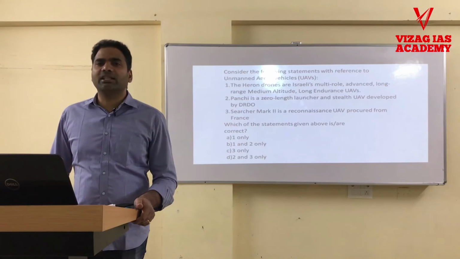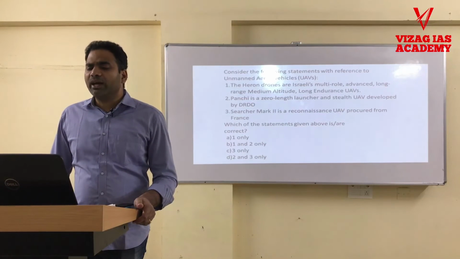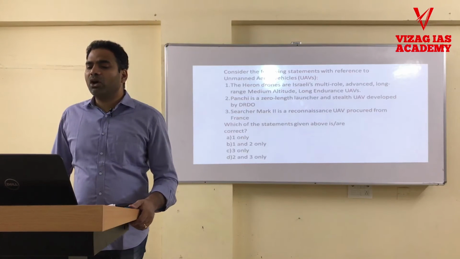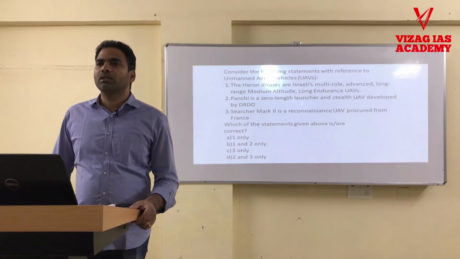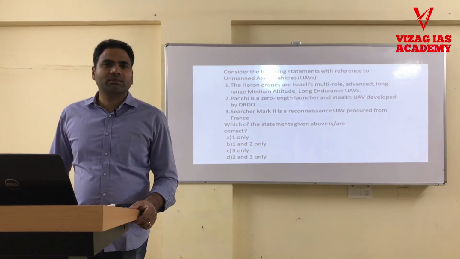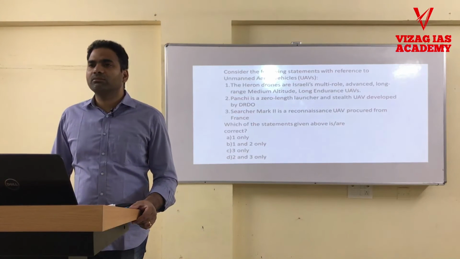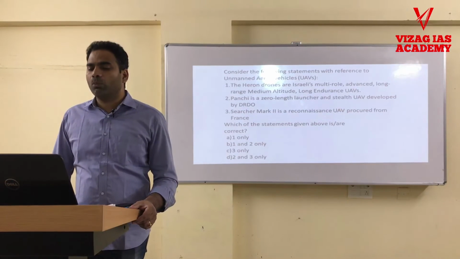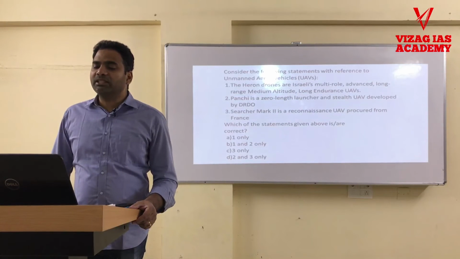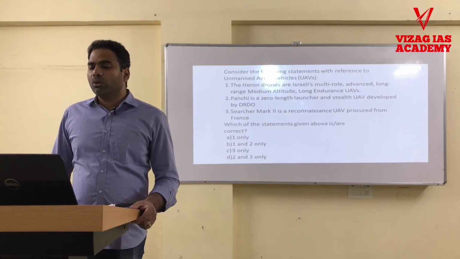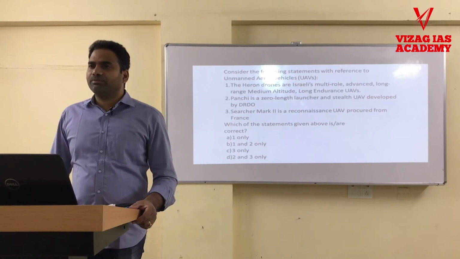Okay, unmanned aerial vehicles. The Heron drones are Israel's multi-role, advanced, long-range, medium altitude, long endurance UAVs. Yes, Israel Heron. Next, Punchy is a zero-length launcher and stealth UAV developed by DRDO. Yes, Punchy is developed by DRDO, but it's not stealth.